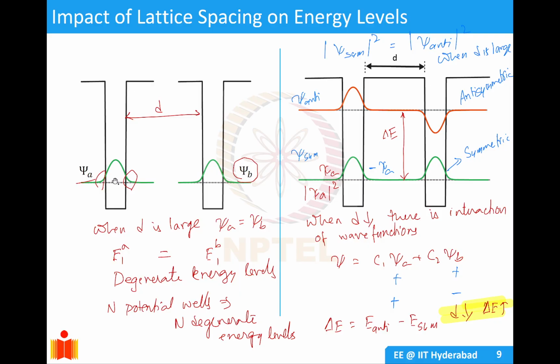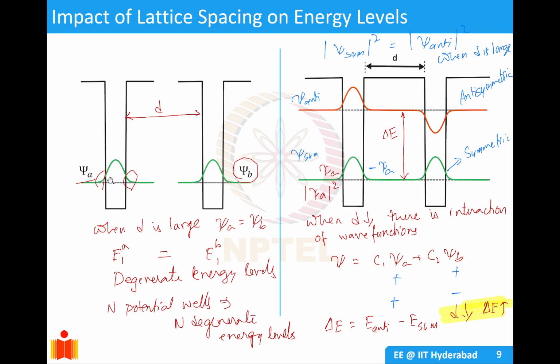And then how the spacing affects your electrons is given here. At very large gaps, you will have equal energy, because if the barriers are very large, the interaction between atoms at each lattice point is minimal.